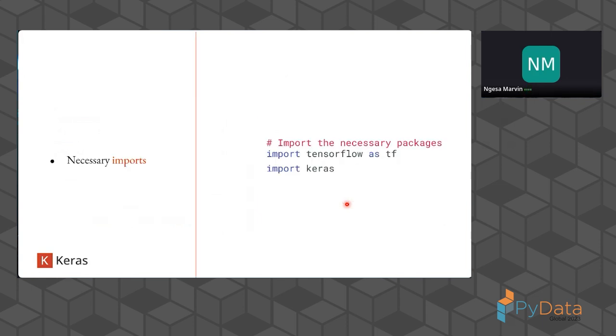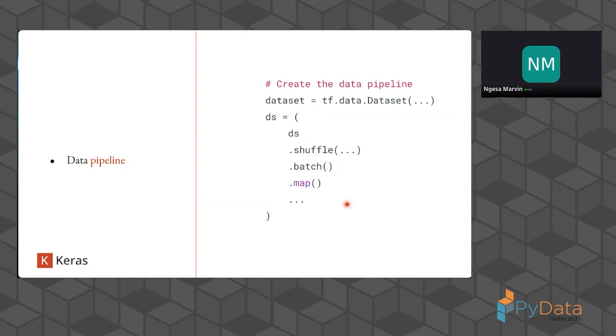To use Keras, the first thing you need to do is import the necessary packages. You can import TensorFlow. Today, you can even import PyTorch. You can import JAX. Then you can import Keras. The next step is the data loader. Every single thing needs to pass through the door.